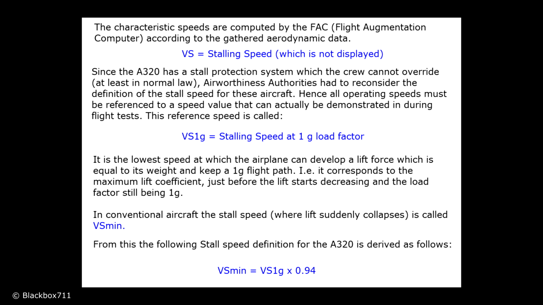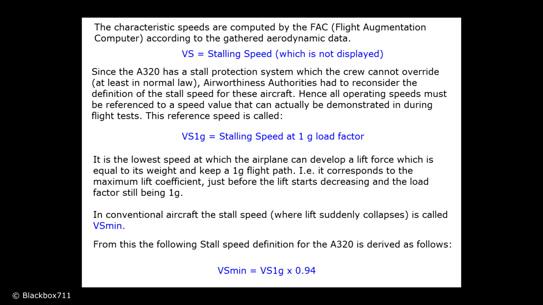And so you cannot take the typical stalling speed from a conventional aircraft, i.e. the speed where the lift suddenly collapses. In the A320, you have to reference that differently, i.e. you have to reference that to a speed value that you can actually demonstrate during flight tests.